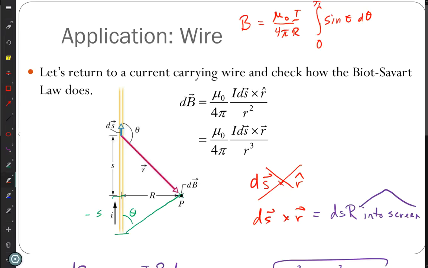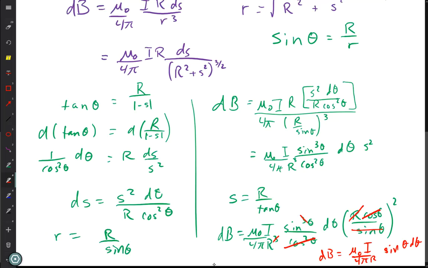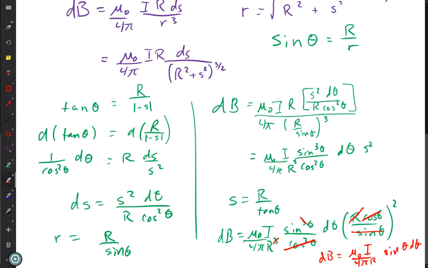Any chance I could see the bottom of your work again? Down here? Yeah. Now, I probably made 2 or 3 sign errors. If I made 2 sign errors, we'll be fine. If I made 3 sign errors, we'll have an opposite value for the answer. Since we're only looking for the magnitude because we've already determined the direction with our right-hand rule, that's why I'm not concerned. I just calculate the magnitude.